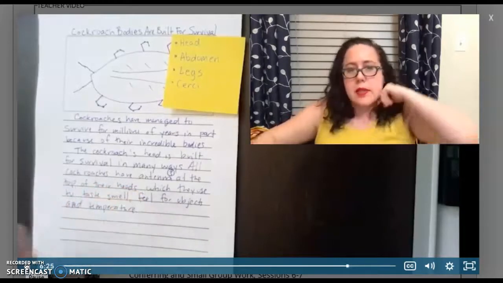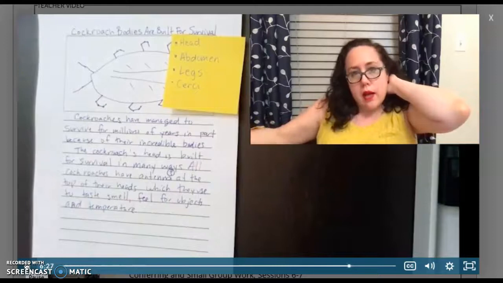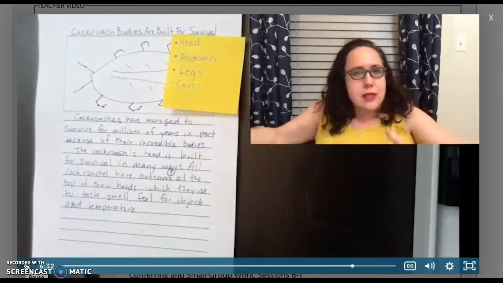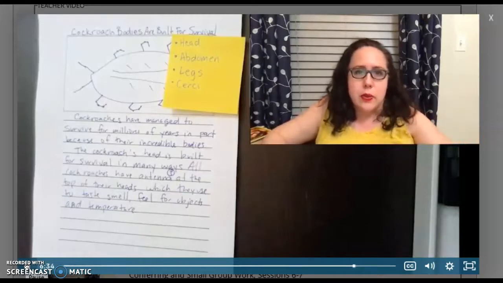Okay, I'm going to stop right there. So I would write a little bit more about the head, and then probably a sentence more about the head, and then guess what's next in this chapter about how cockroach bodies are built for survival.